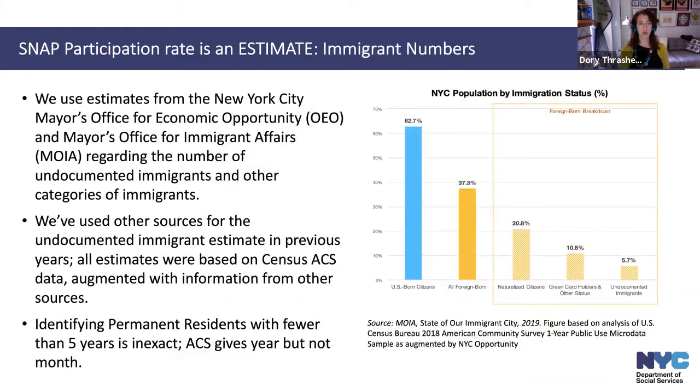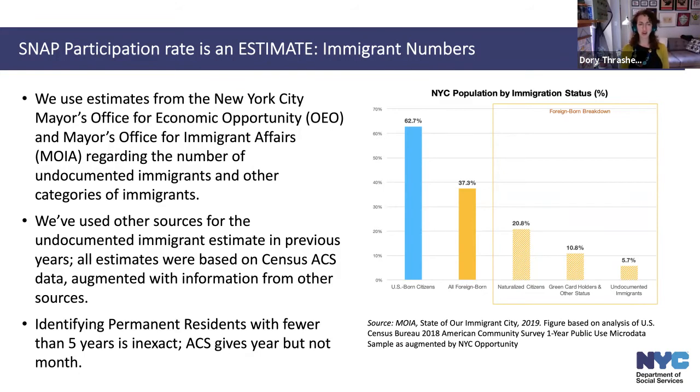So to do that, we work very closely with partners at the New York City Mayor's Office for Economic Opportunity and the Mayor's Office for Immigrant Affairs, who do a lot of work to estimate various immigrant categories of people in New York. So this graph at the right is from the Mayor's Office of Immigrant Affairs State of Our Immigrant City 2019 report, which is also based on ACS data. It's the 2018 data.